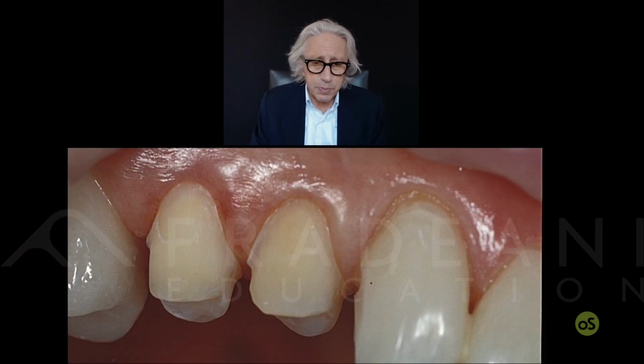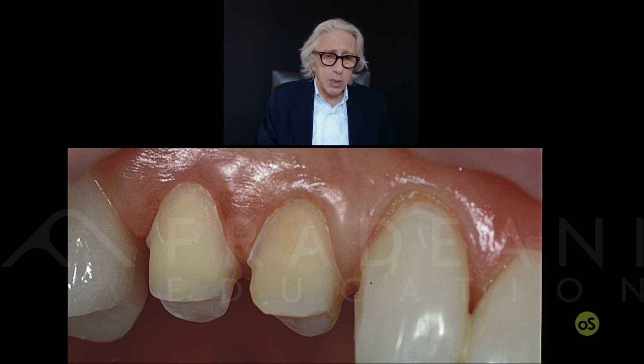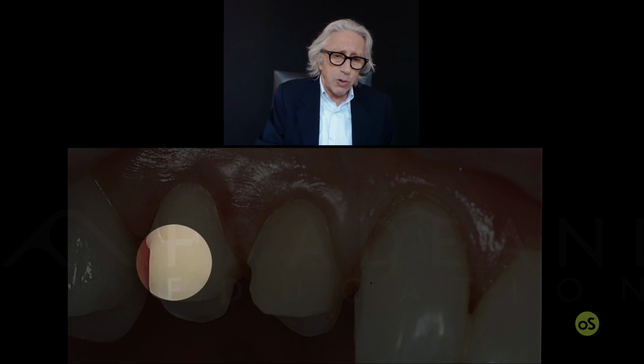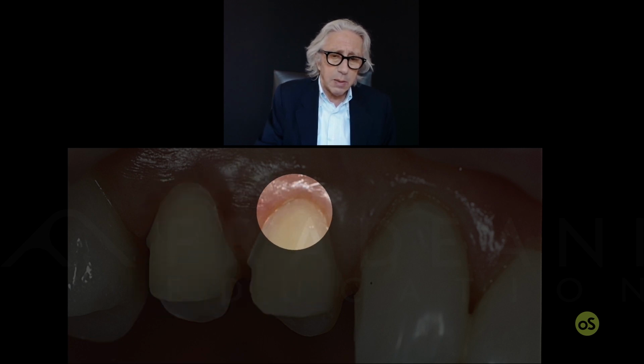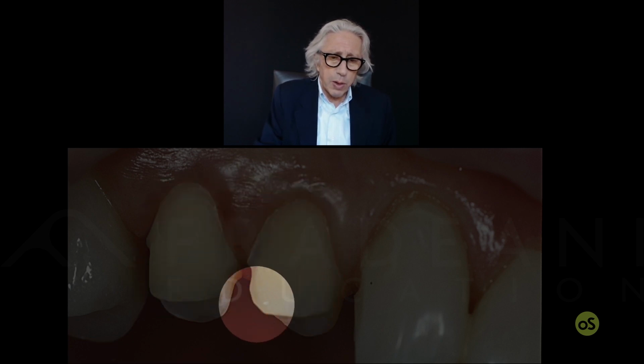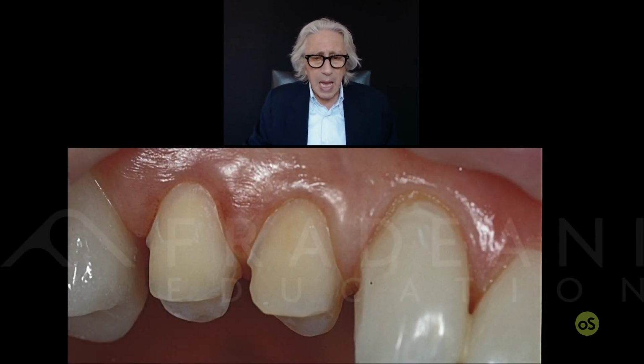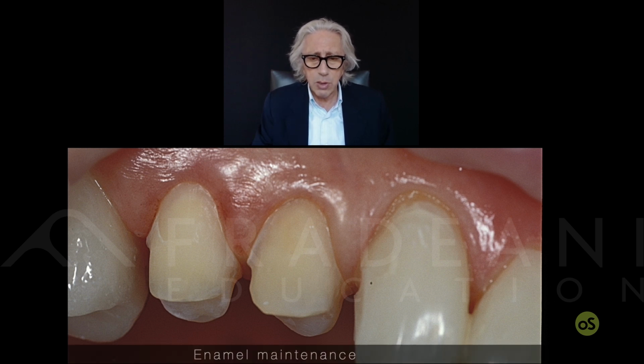Having increased 2 millimeters of vertical dimension, we obtain to keep enamel, not just backally, where you could see there is a lot of enamel, even though you have some island of dentin, but also crucially, where you have enamel. So we have the chance to keep enamel in 70% of the total amount of the tooth structure.